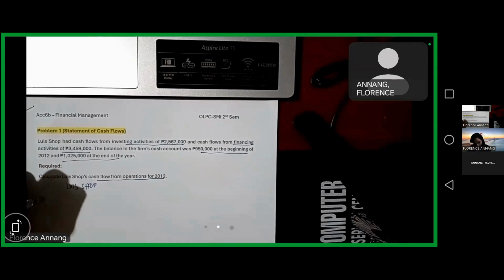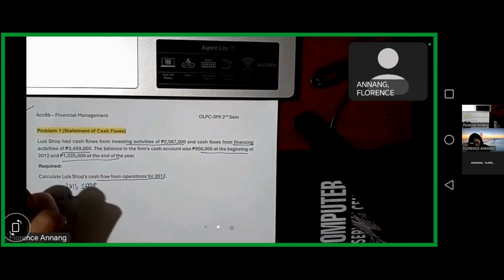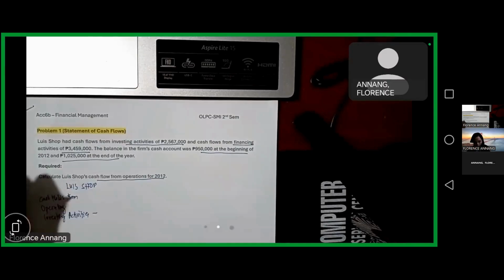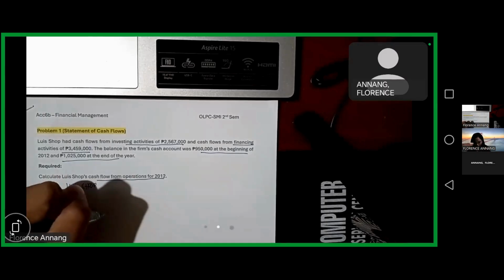Magkano ang ating cash flows from operating? That's unknown. Investing. How much is investing? We have 2,567,000.